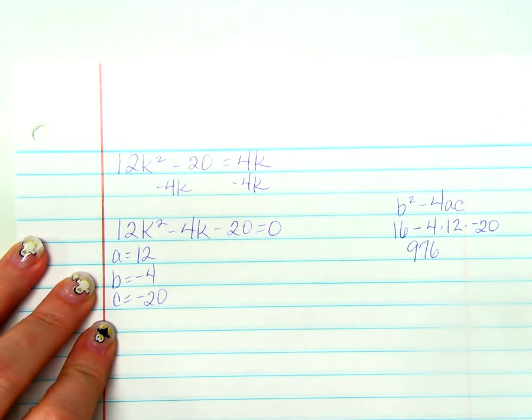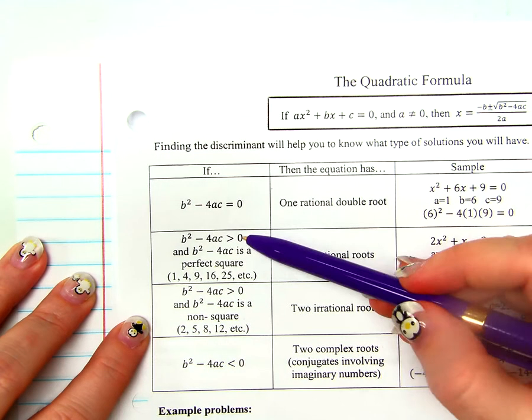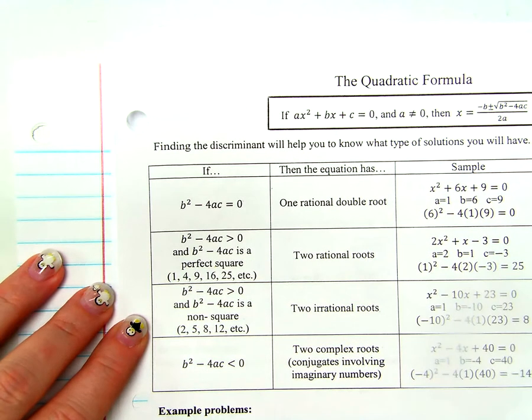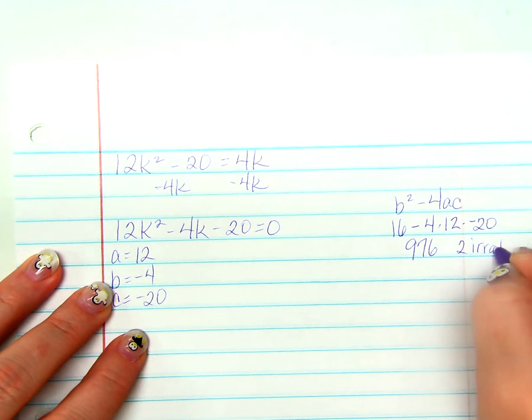Now, 976 is a positive number, so it's greater than 0. It's not a perfect square, though, so I'm going to get 2 irrational roots.